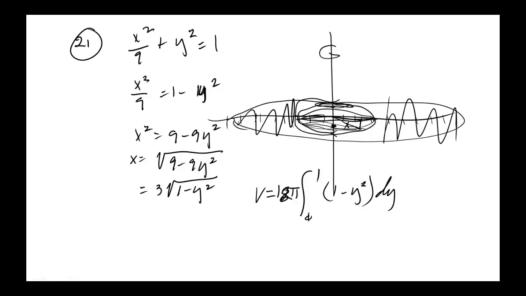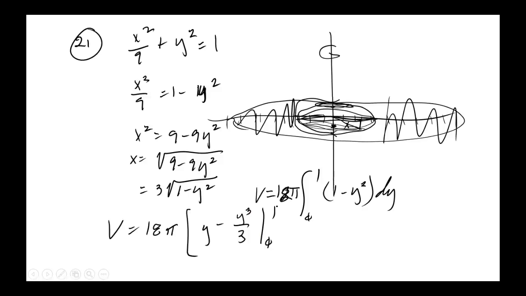Right? Okay, so this volume is 18 pi times the antiderivative of 1 minus y squared, which is y minus y cubed over 3, evaluated from 0 to 1.